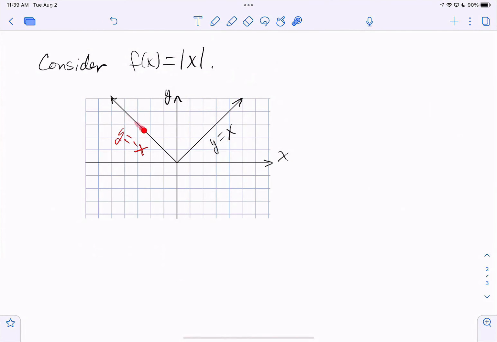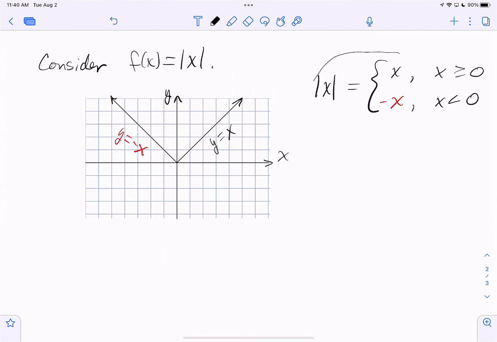If I put a negative input into the absolute value function, it will spit out the positive version of that number. So we can actually express the absolute value as a piecewise defined function. The absolute value of x is equal to x if x is greater than or equal to 0, and it's equal to negative x if x is less than 0.